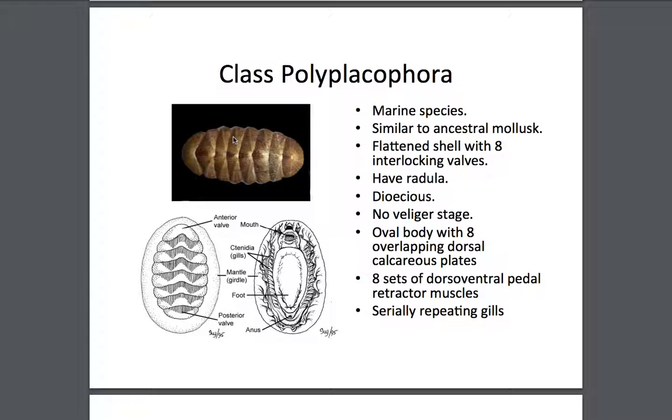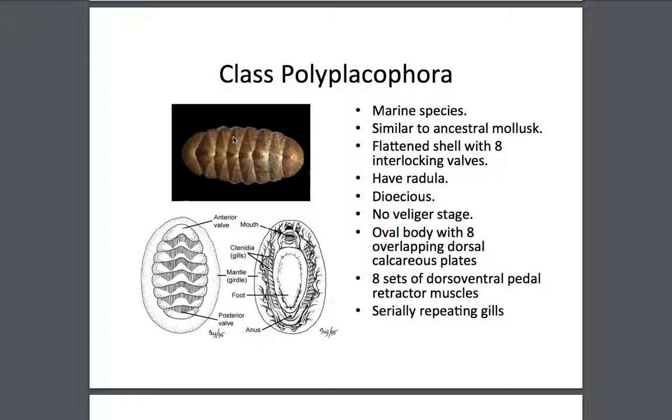For the most part, they're dioecious, so they have separate sexes. They have a radula. They're very much like what we think that hypothetical ancestral mollusk might have looked like, except a single plate, and a mantle cavity that runs down either side of the foot. And they also have a set of serial repeating gills along the side. And those gills are linked to musculature that's attached to each plate.